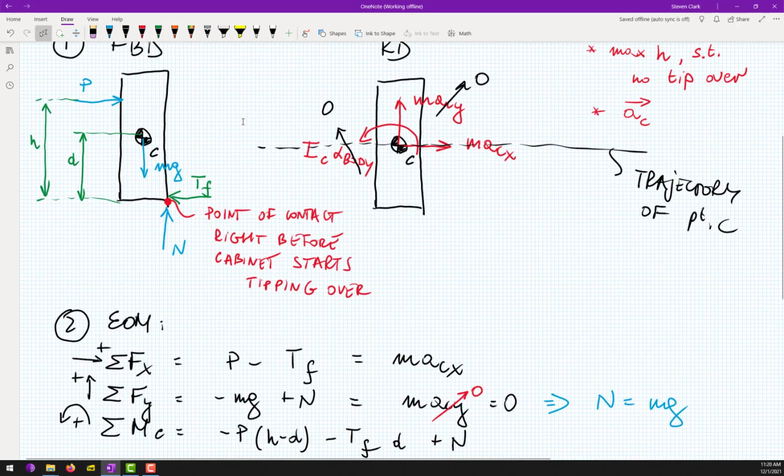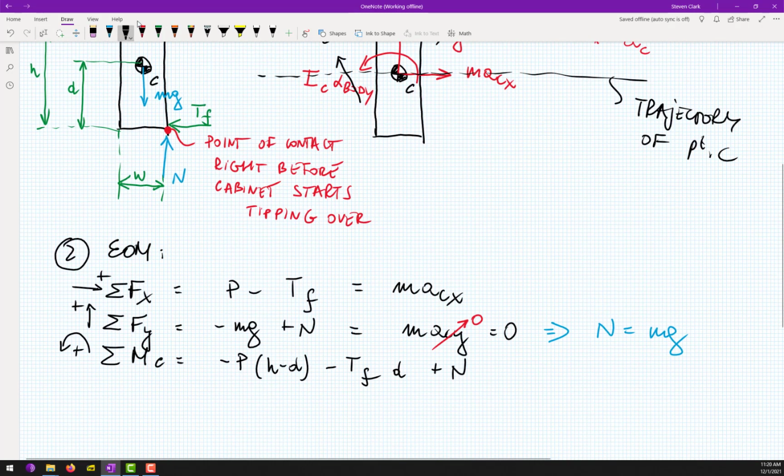Yes, it's W, so I will put W over 2 here. And this is equal to I_C alpha of the body. Since alpha is 0, this equation equals 0. Awesome.